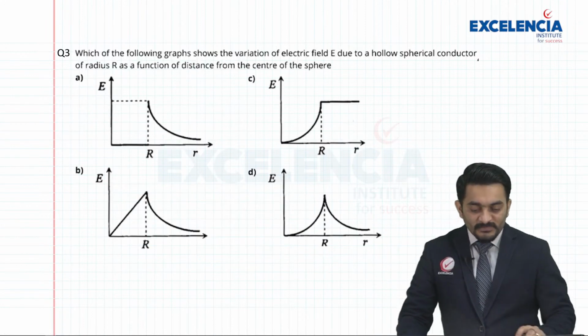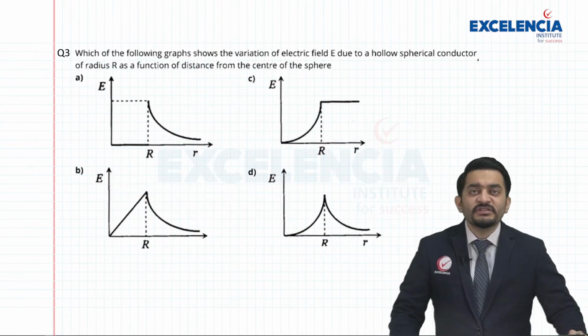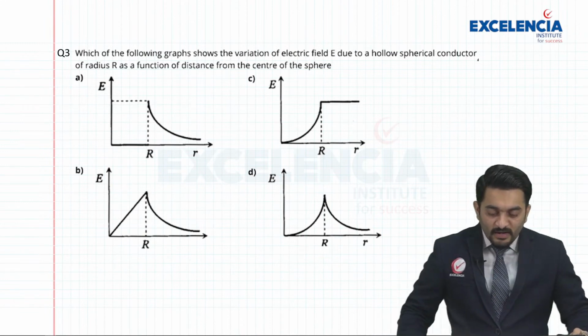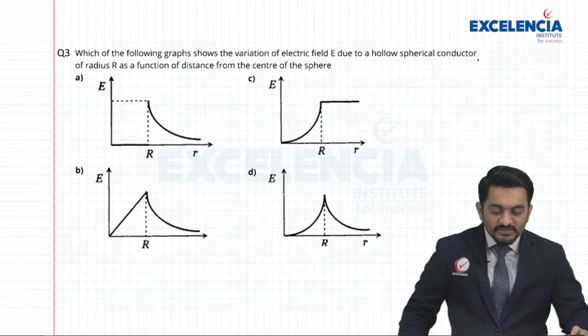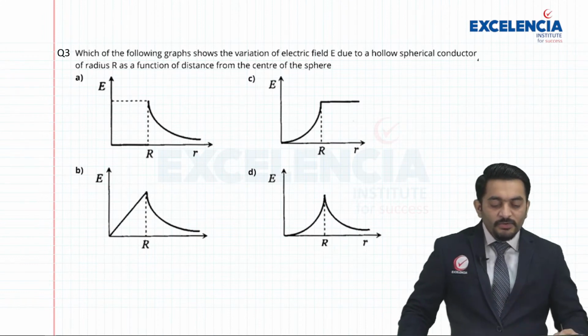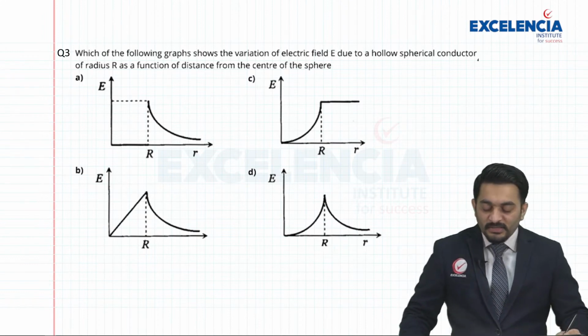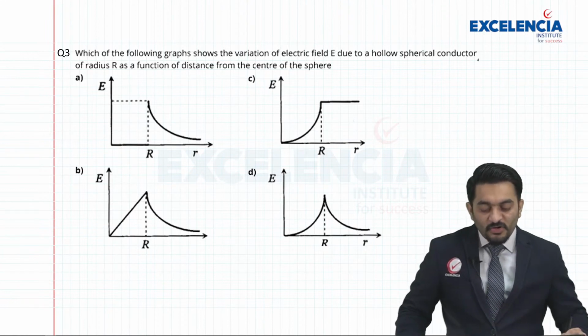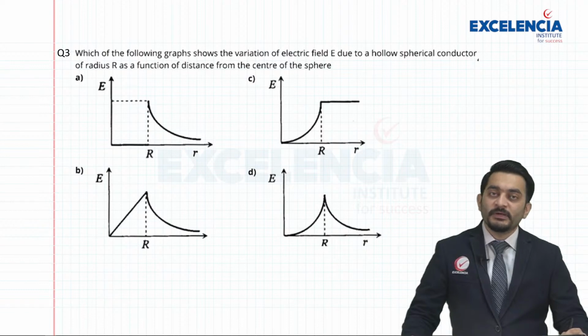Here the question 3 says, which of the following graphs shows the variation of electric field E due to a hollow spherical conductor of radius capital R as a function of distance from the center of the sphere.